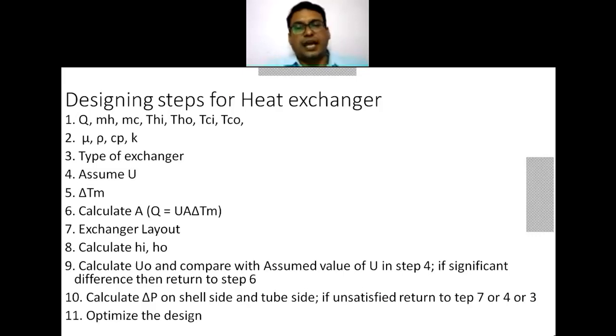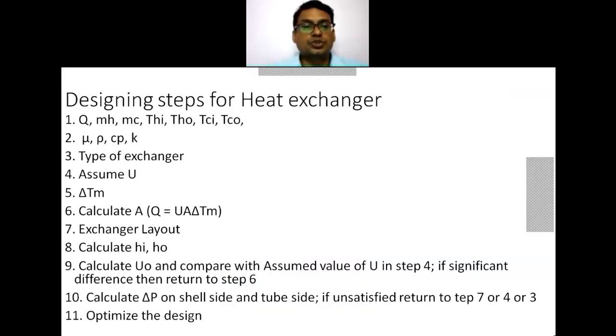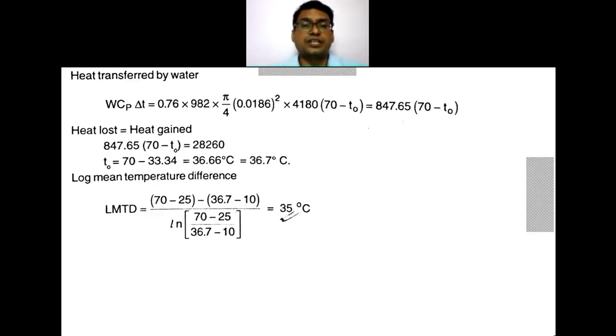In this case the type of exchanger is a double pipe heat exchanger. Then the calculation of log mean temperature, calculation of the area by considering the overall heat transfer coefficient, then the exchanger layout, calculation of individual heat transfer coefficients hi and ho, then calculation of Uo, the overall heat transfer coefficient, and then the calculation of delta P, and finally optimize the design.